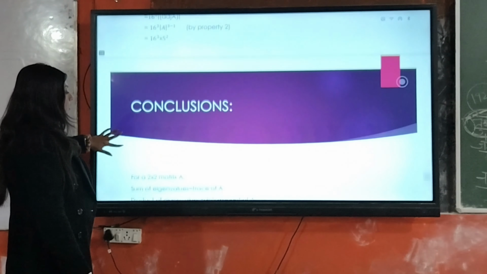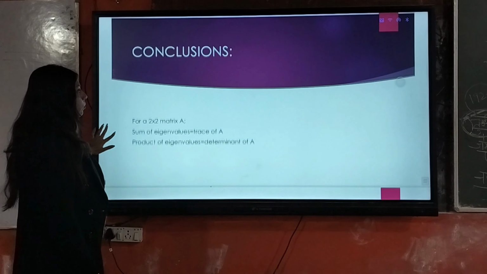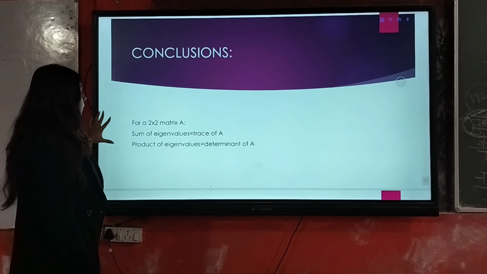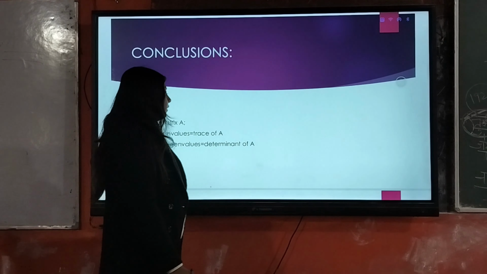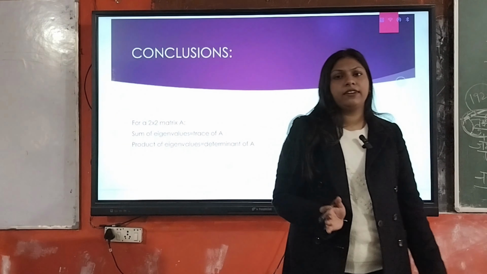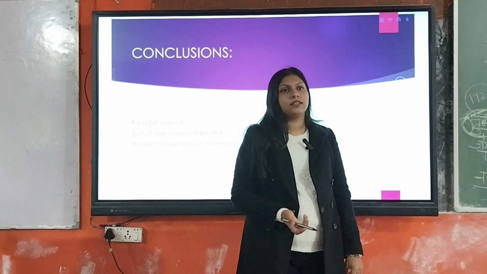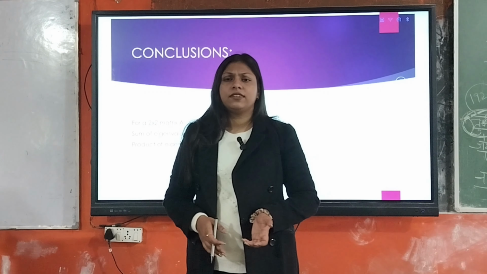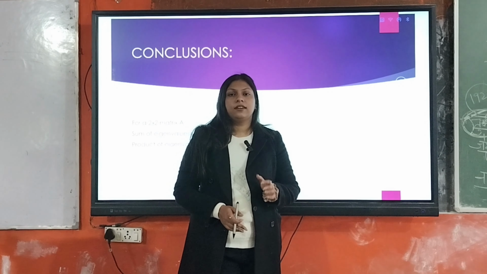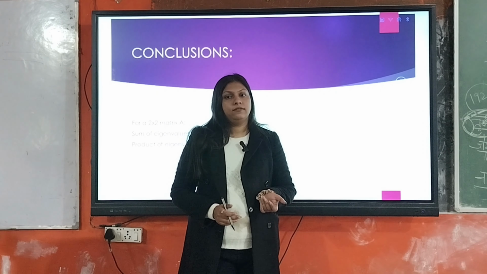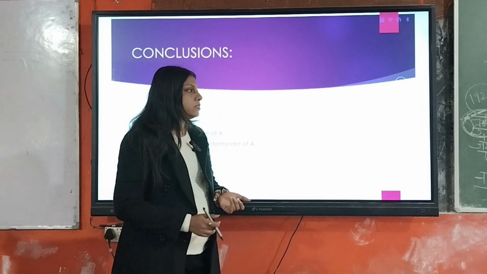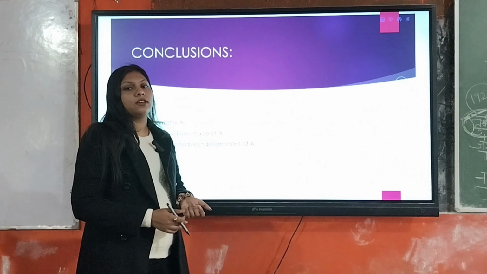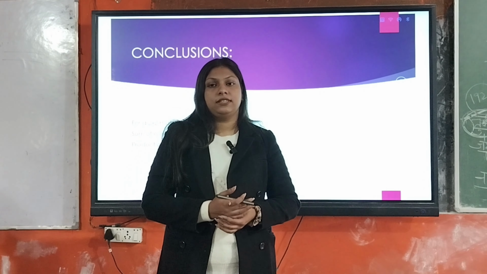Now I have to discuss some more things with you, about finding the determinant. The process I have told you is simpler, but very calculative. Using the concept of eigenvalues, we can find it in a much easier way.